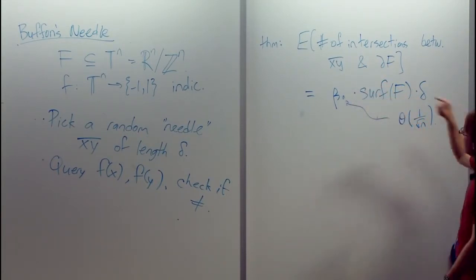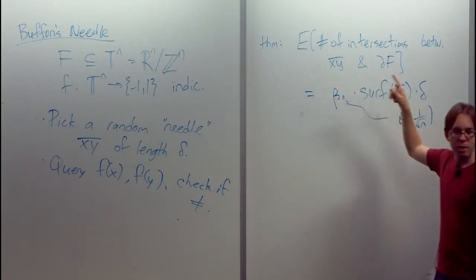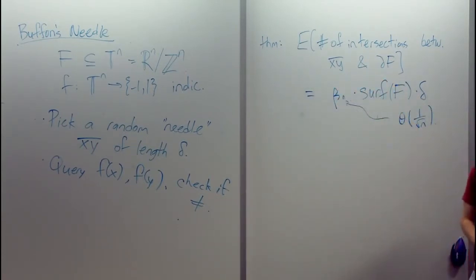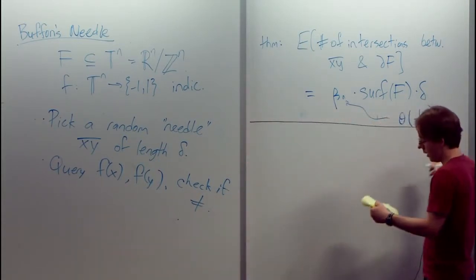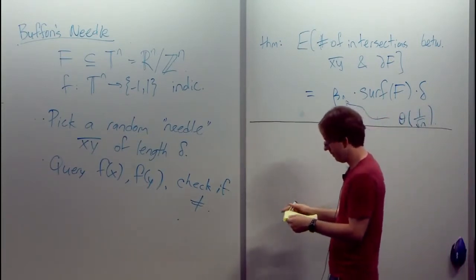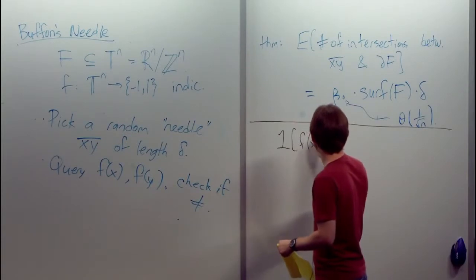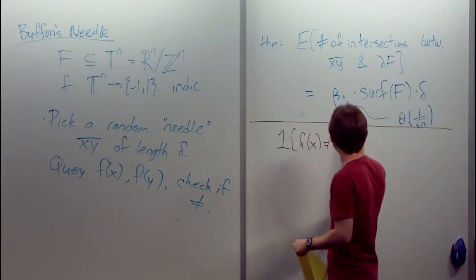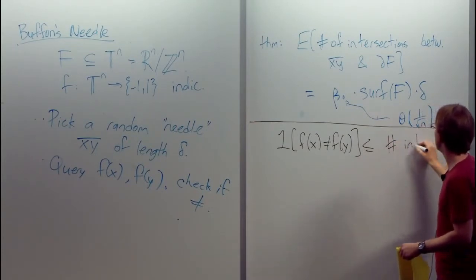Well, the problem is you can't easily count the number of intersections between the needle and the boundary. Part of the dimension 1 problem, yeah. But you do have something that you can say. You can at least say that in this setup, the indicator that f of x does not equal f of y is less than or equal to the number of intersections.